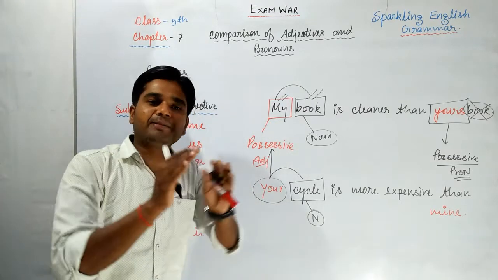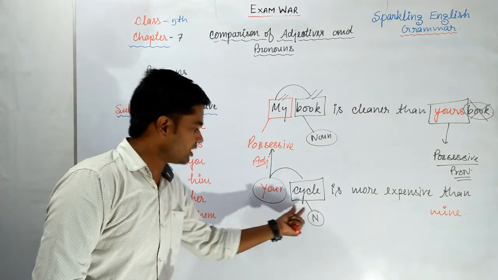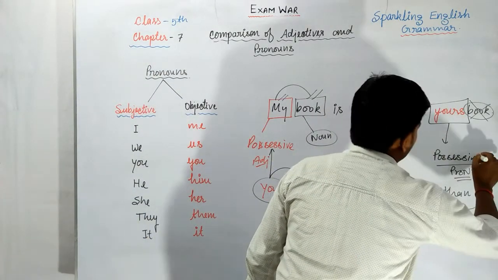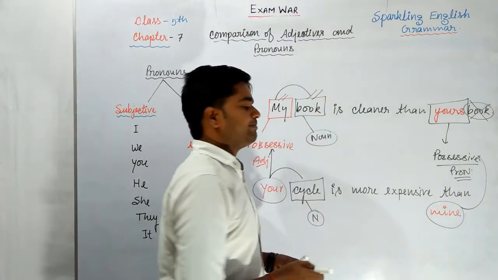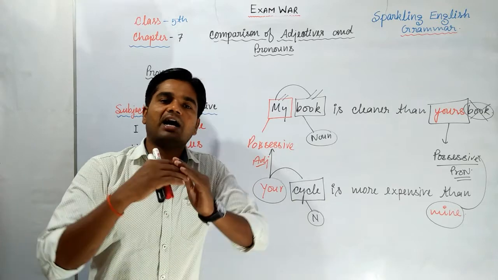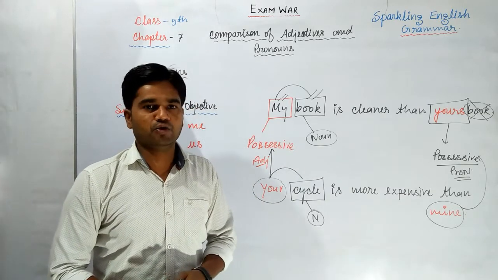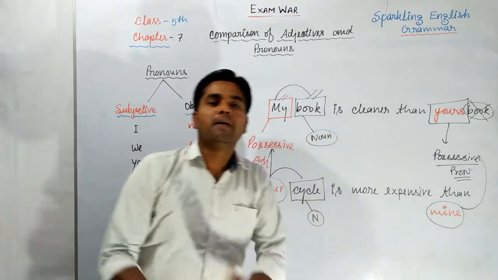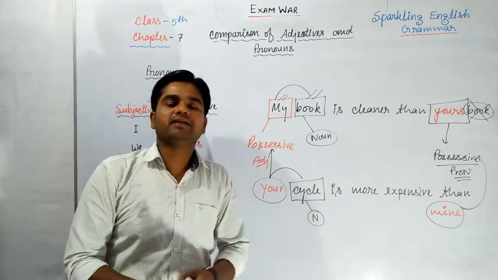After every possessive adjective we use a noun, but mine is a possessive pronoun, so we need not use any noun just after any possessive pronoun. So dear students, in this sentence, mine includes my cycle.